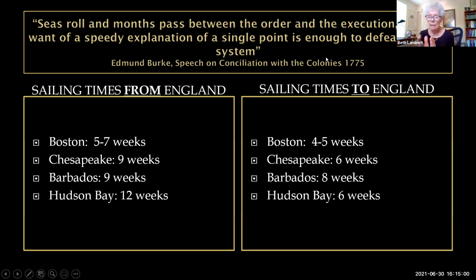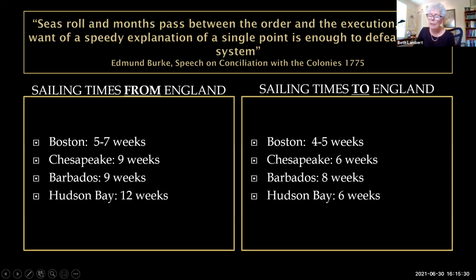If you can imagine needing an answer to a question about a point of law, a dispute that needs to be settled, and you had to wait 4 weeks, 7 weeks until you get this, it just confuses everything.